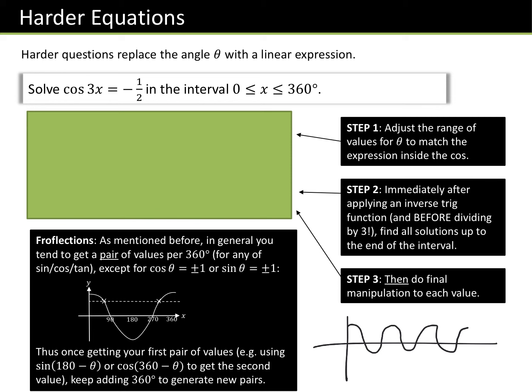So if we were using the rules and the symmetry, etc., and we were thinking, okay, so where does it cross at minus a half? Minus a half is roughly here. So we're going to go across. We're going to have 6 solutions. Now trying to figure out where does this cross at?